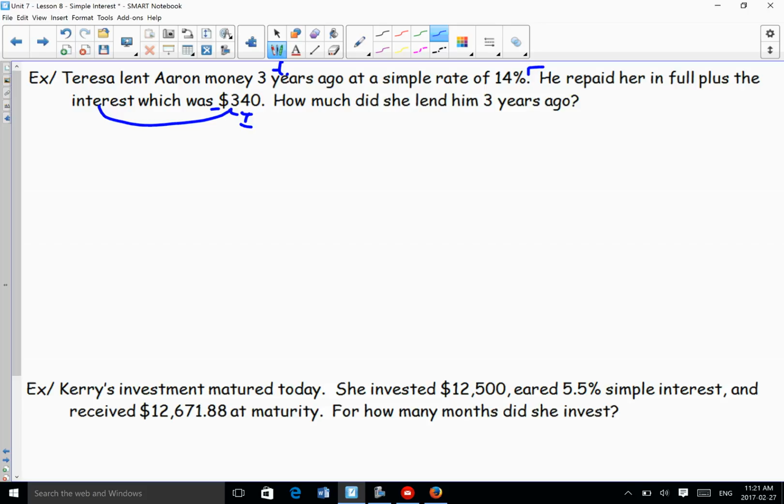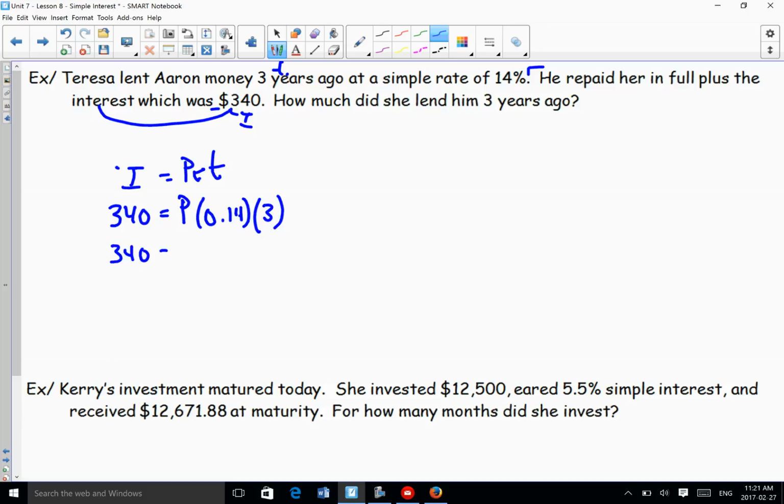All right, so we're taking our formula, I equals PRT. What do we know? Our interest is $340. We don't know how much she borrowed. We do know the rate was 14% or 0.14. Our time, we said, was 3 years.